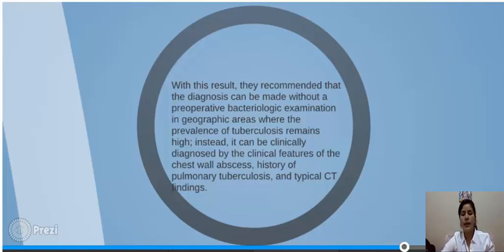Instead, it can be clinically diagnosed with the clinical feature of the chest wall abscess, history of pulmonary tuberculosis, and typical CT findings.